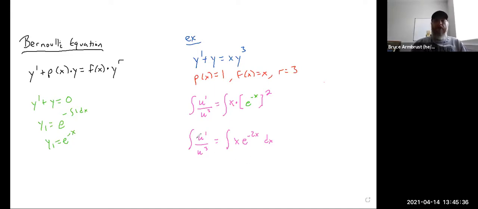All right, so now we're ready to go. Let's integrate. u to the minus 3 becomes minus 1/2 u to the minus 2. On the other side, if you were going to do this the long way, this would be integration by parts. You remember your good old u dv business.